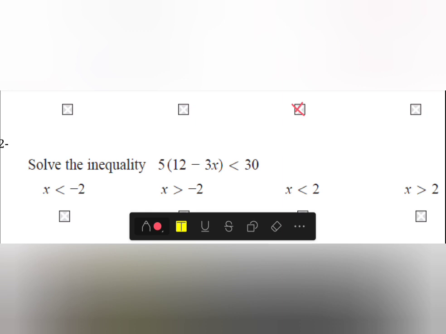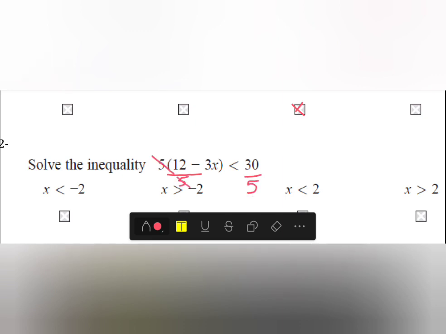So I'm going to take anything on the side of the x and take it to the other side. So let's start with the 5, which is multiplied by the bracket. Because it's multiplied, I'm going to do the opposite of multiplying, which is dividing by 5 here. So I'm going to divide by 5 here and divide by 5 here.